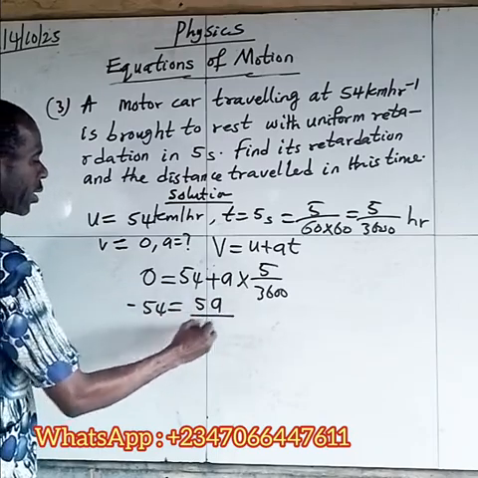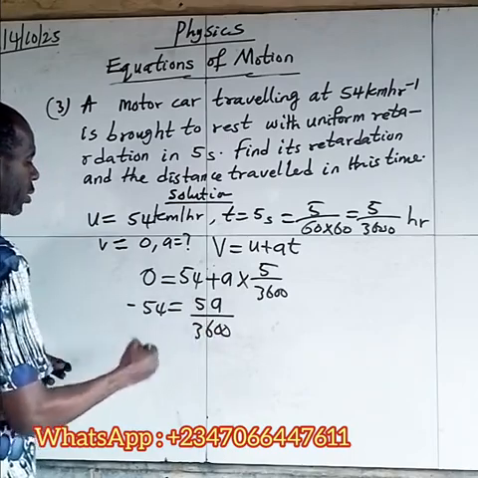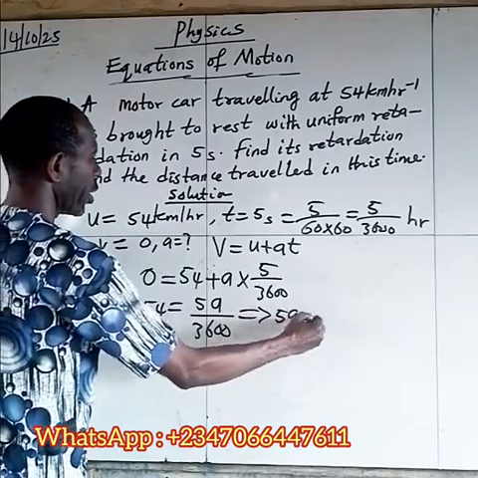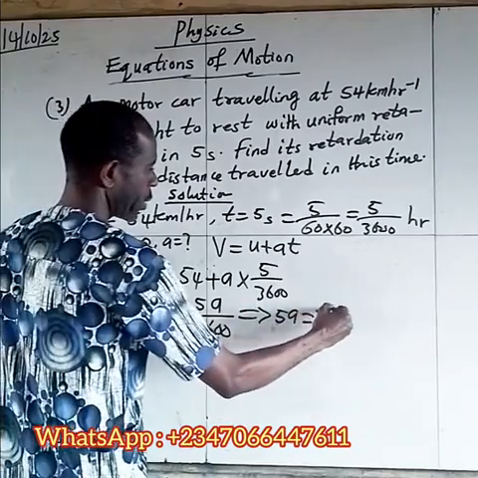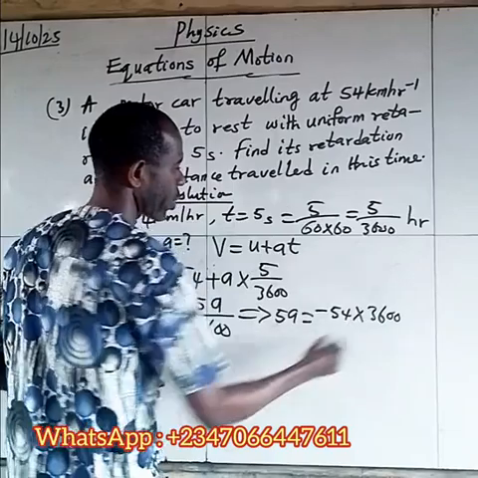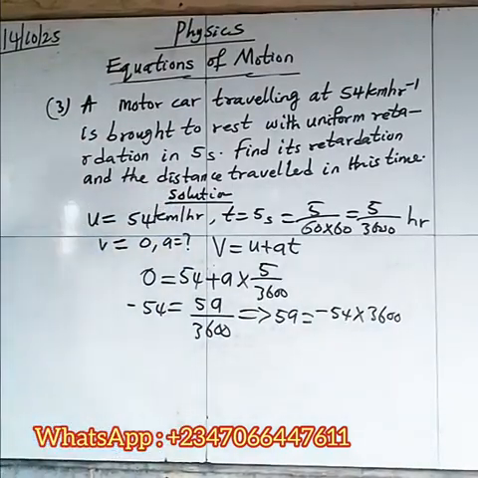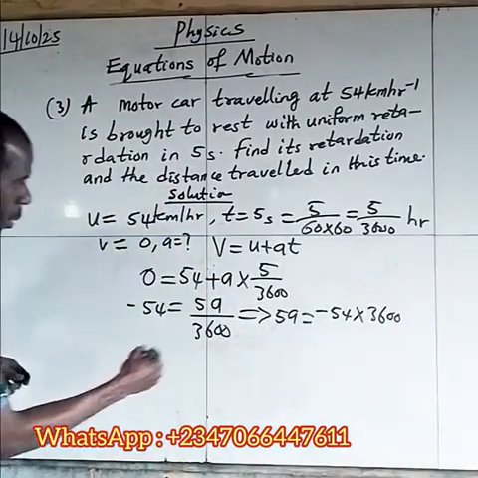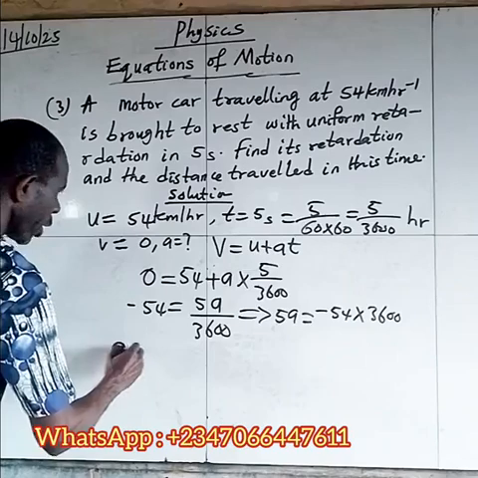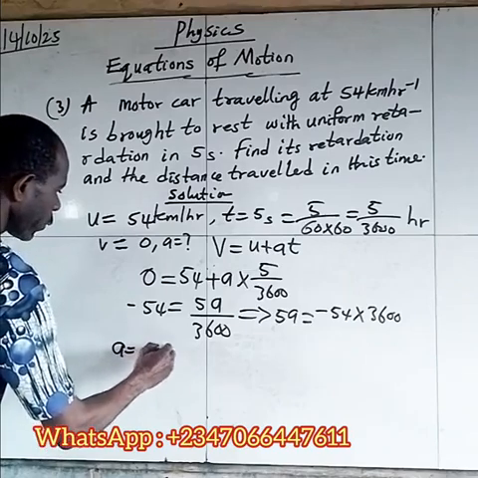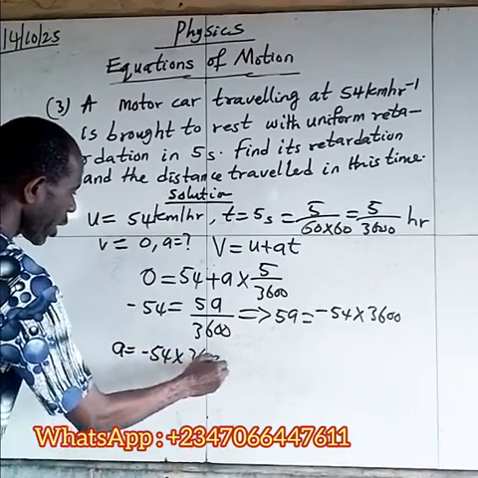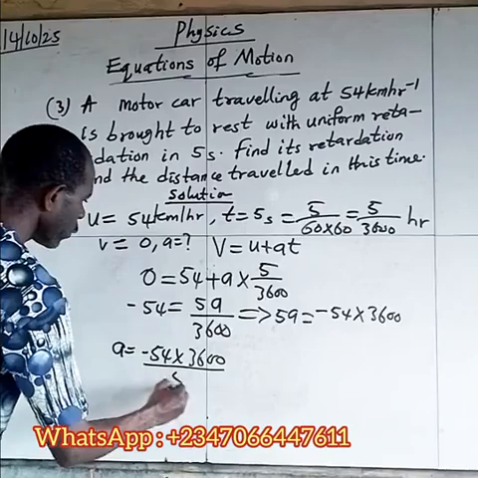Now let us cross multiply. We have 5a equal to negative 54 times 3,600. Now let us calculate. So a is going to give us negative 54 times 3,600 over 5.